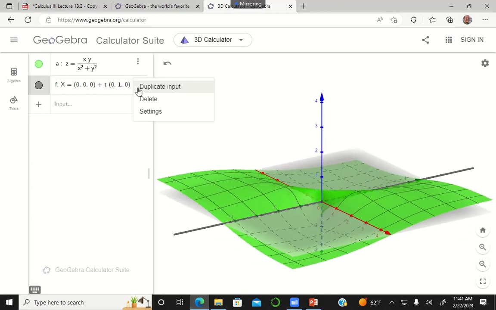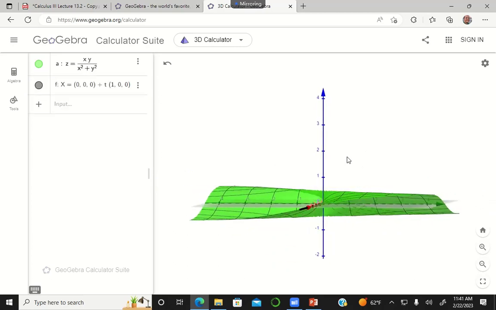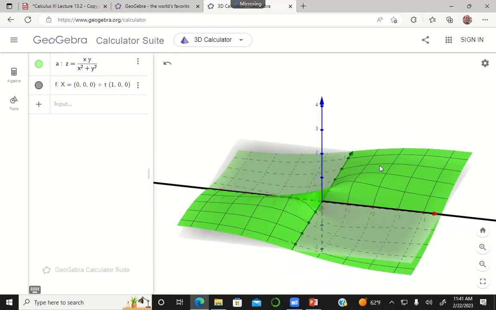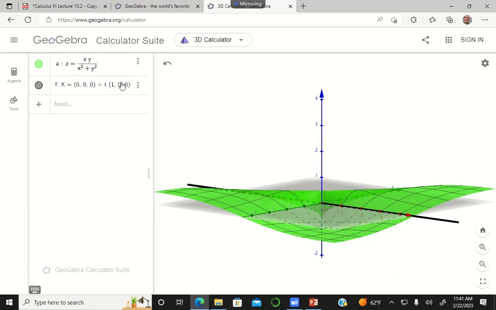Okay? Then the next trace we took was setting y equal to 0. And so that would look like this. Again, same thing. All of the values are 0 if you take the trace where y is equal to 0. So of course the limit is 0, and that's what we found.